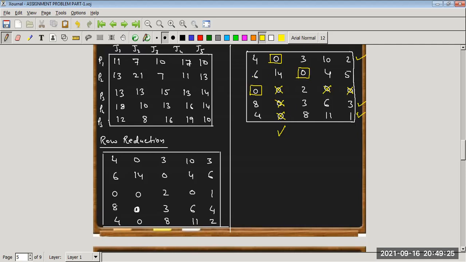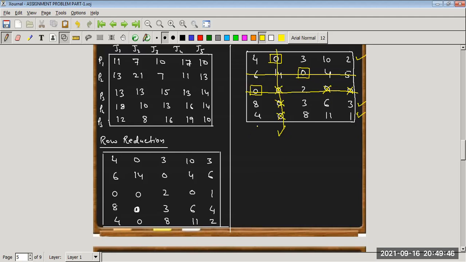Now what do we do? Draw the line through the unticked row. Which is the unticked row? The one in which we have not put a tick, row number 2. So we draw the line. We draw the line through the unticked row and the ticked column. So we draw the line through the ticked column.